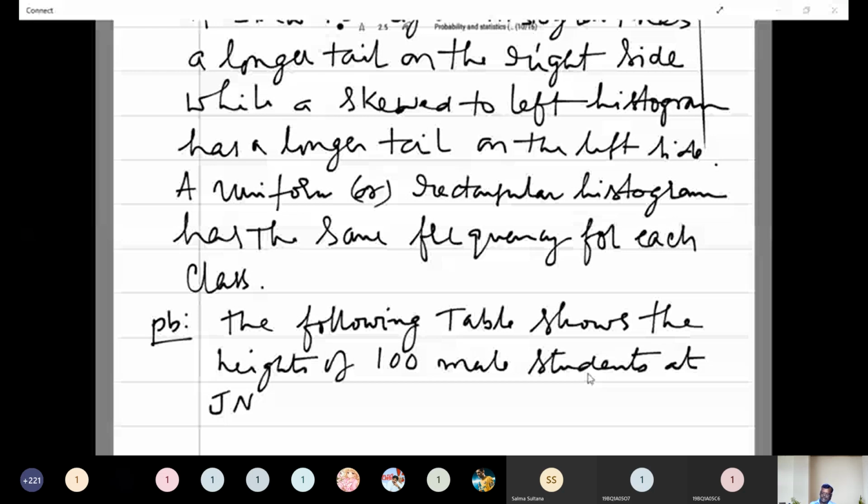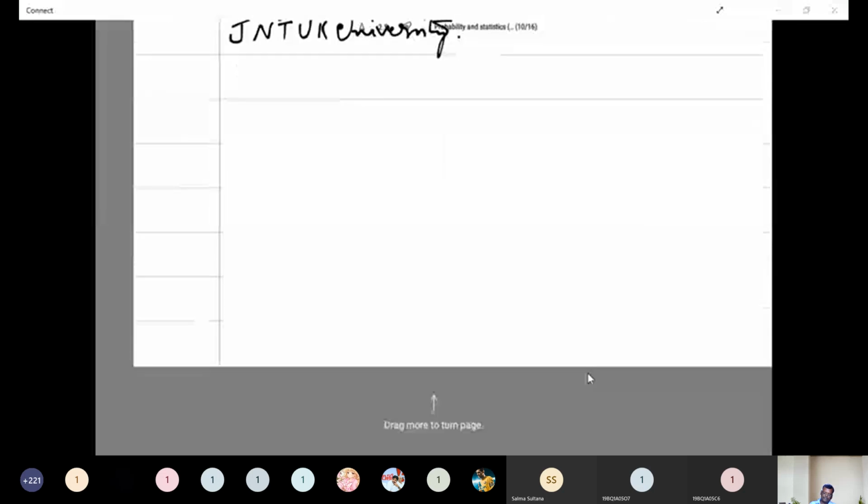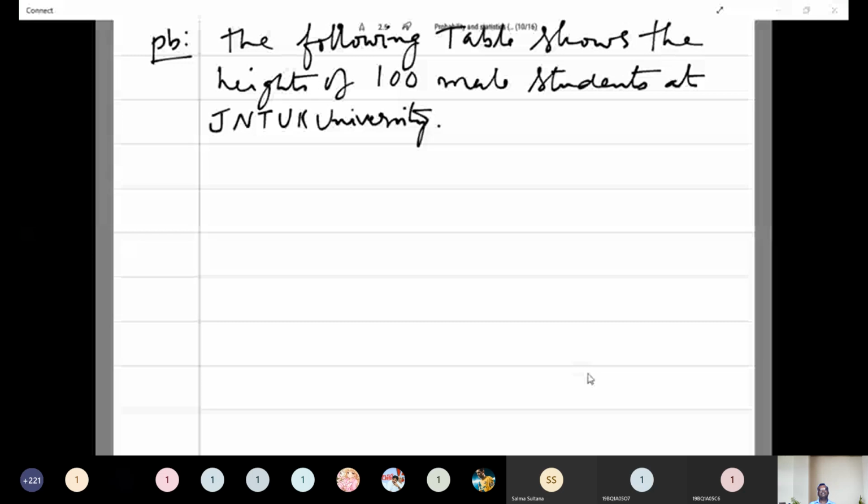Now let us take the data like this. The following table shows the heights of 100 male students of the university. Draw the histogram.